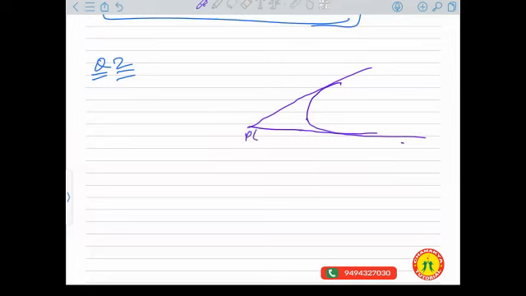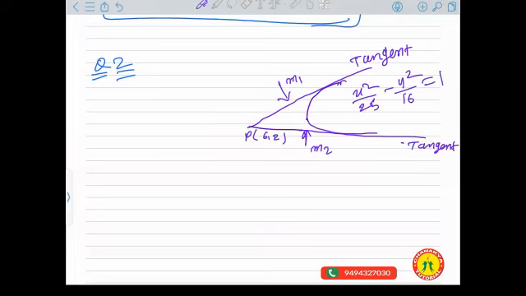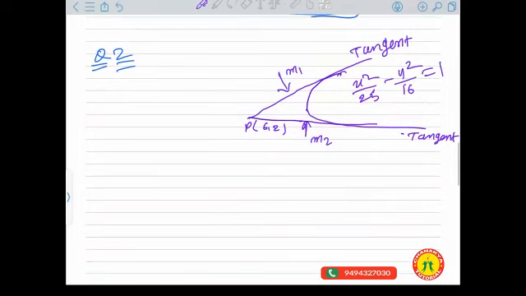So this is a point P (6, 2), and let's say the slopes are m1 and m2. These are tangent lines. Equation of hyperbola is x square by 25 minus y square by 16 equal to 1. So now we need to find 1 by m1 square plus 1 by m2 square, right?